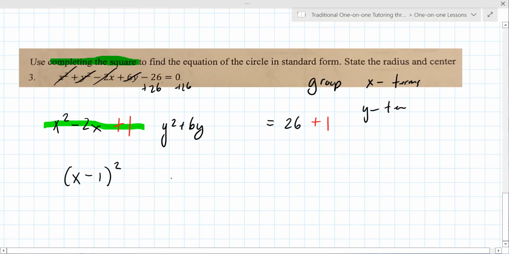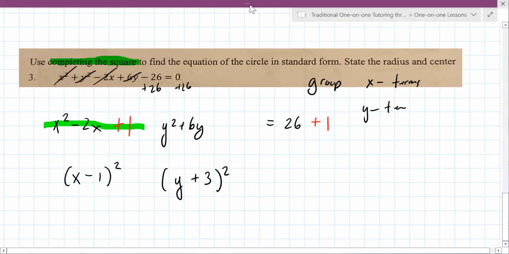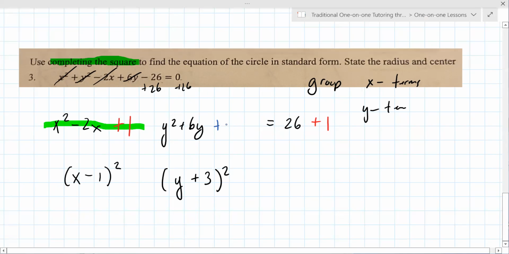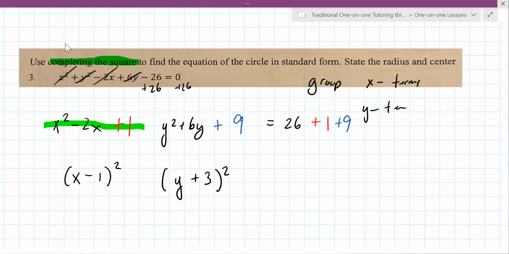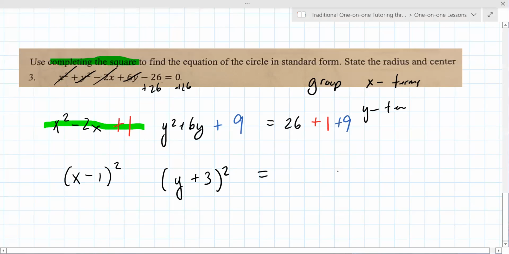Right, yeah, share both sides. So then that would be y plus 3 squared, and then I'd write plus, no, minus. It's plus. Okay, so it's always plus for these problems, we'll say yes. So plus 9.